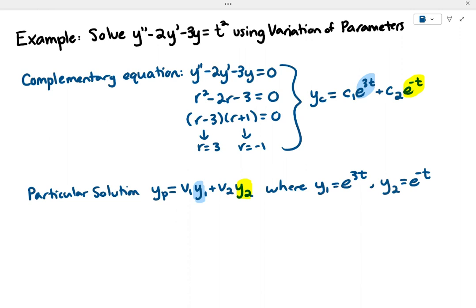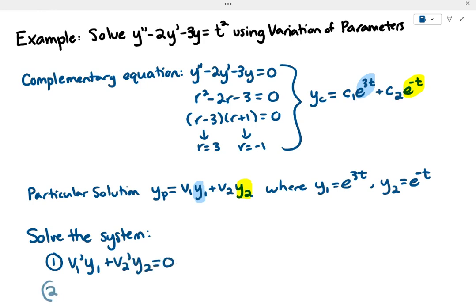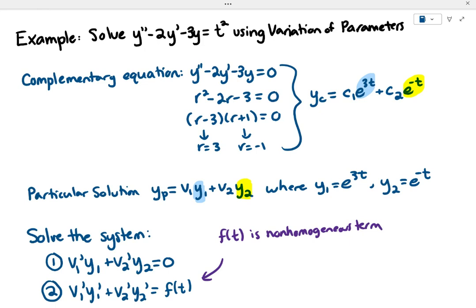The shortcut is to jump straight to the system of equations because it always ends up being the following two equations: v1 prime y1 plus v2 prime y2 equals 0, and v1 prime y1 prime plus v2 prime y2 prime equals f of t, where f of t is the non-homogeneous term divided by the coefficient on y double prime.